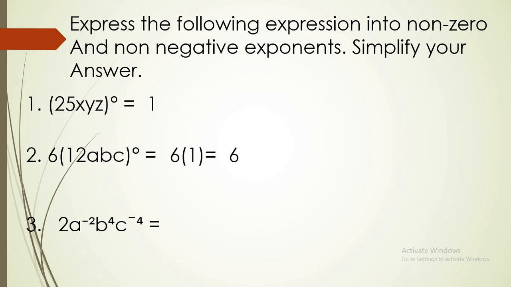So the positive exponent here is 2 and b raised to 4. So that will remain in their position, and inverse the negative part, which is a raised to 2 and c raised to 4.